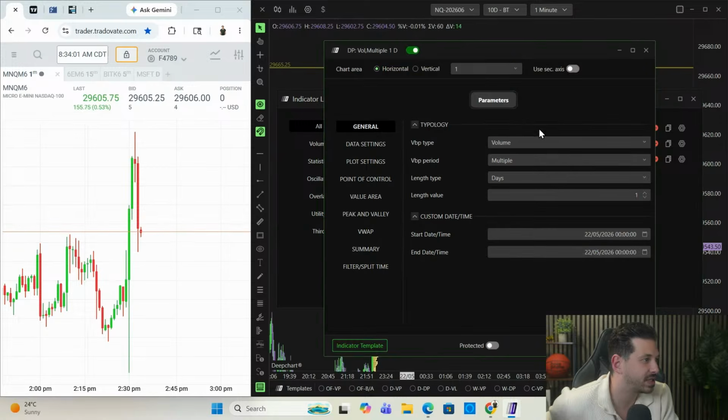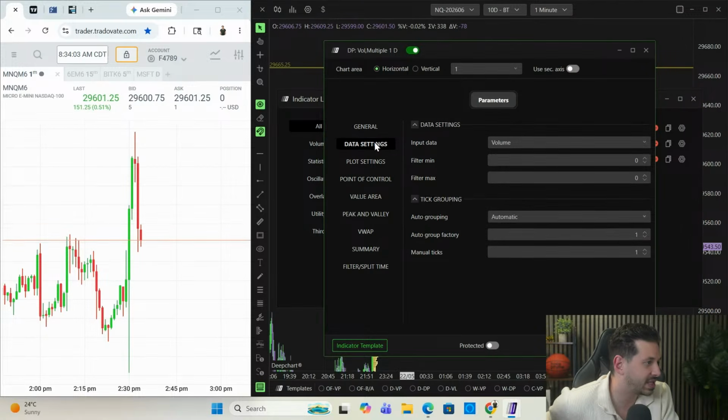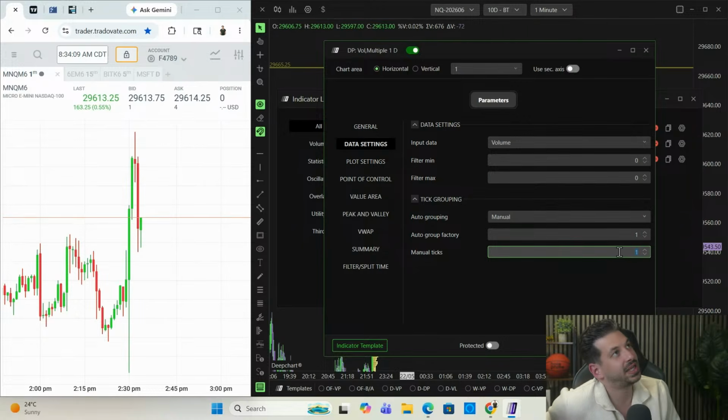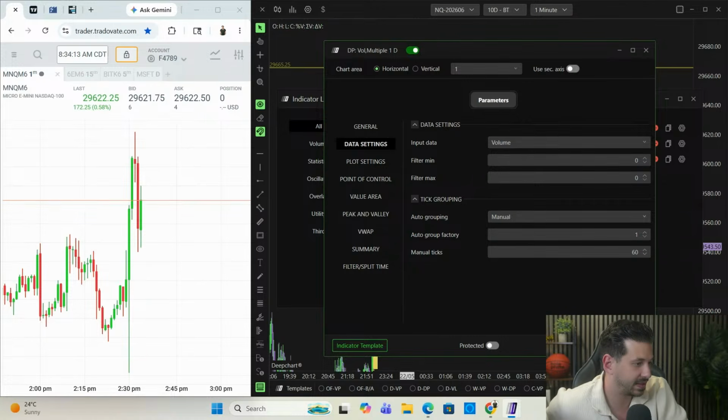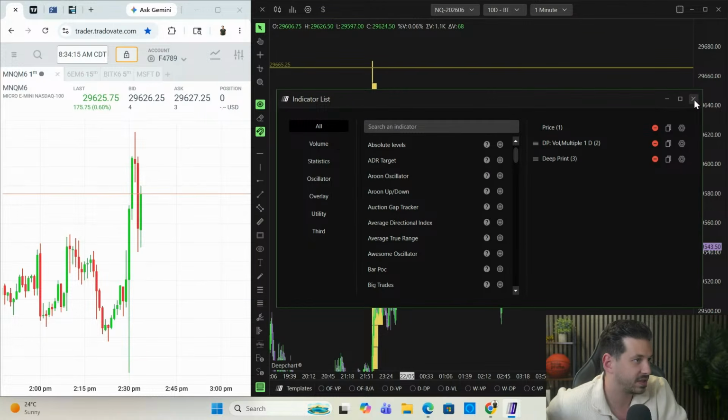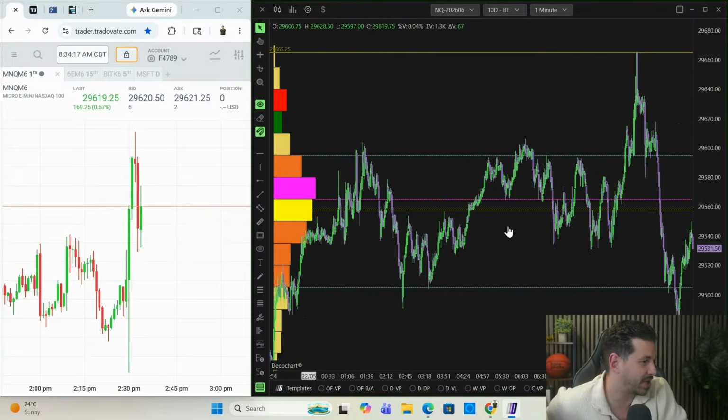Oh, science happened. There we go. I think it was under data set, tick grouping. Here we go, manual ticks. So we're going to do it as manual. And how many ticks should we do? Maybe like 60 or something. Let's see how that looks. Oh yeah, there we go. Much better, right off the bat.